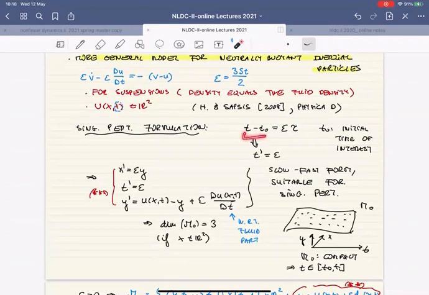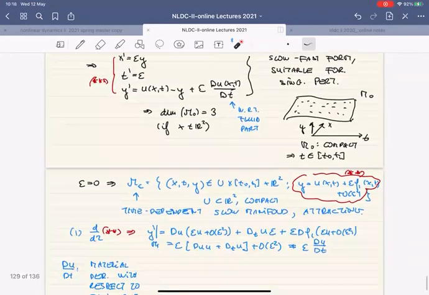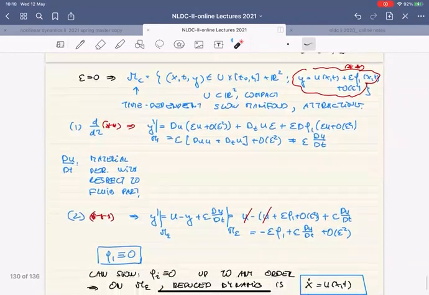One restricts to a finite time interval at a time, so that the results are uniform for small enough epsilon on finite time intervals. You now have a new slow variable, which is time itself. We still have a slow-fast partition, but the slow variables are a larger set because you also include time. Other than that, the calculation was similar.